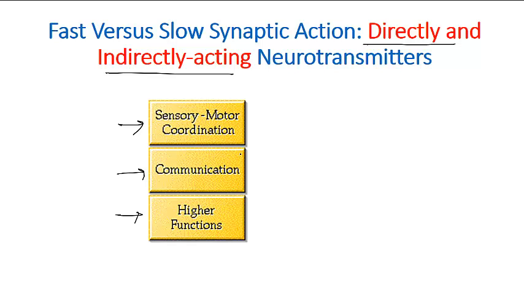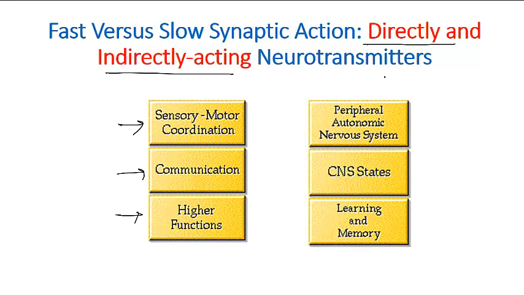and is also important for playing music, which requires rapid synaptic signaling. On the other hand, all the neurotransmitters that affect the organs of the peripheral autonomic nervous system act indirectly. Those are the indirect activations.